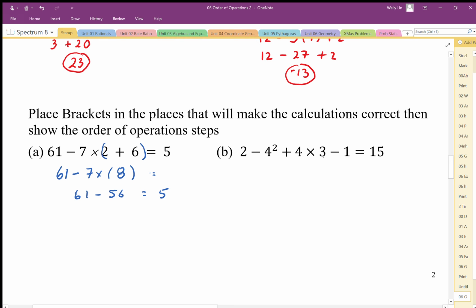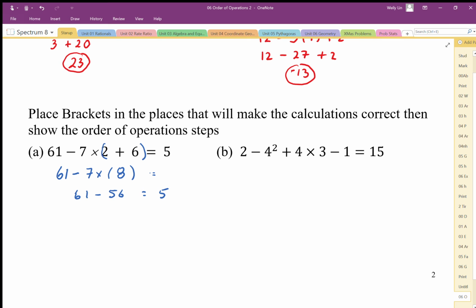This one here is a little bit more complicated. So we've got to try some trial and error. I'm going to have negative 16 here. That's going to be 12. That's going to be plus minus 4. Yeah, that's not going to get me to 15. I need a bigger positive. So how am I going to get a bigger positive here?